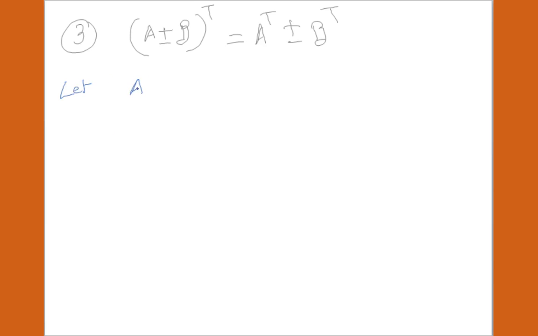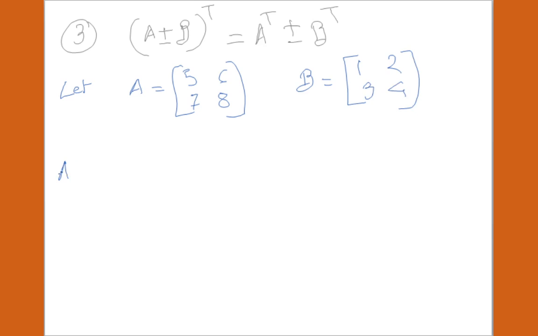Let's see. A is 5 6 7 8. B is 1 2 3 4. So A plus B, corresponding element plus: 5 plus 1 is 6, 6 plus 2 is 8, 7 plus 3 is 10, 8 plus 4 is 12.